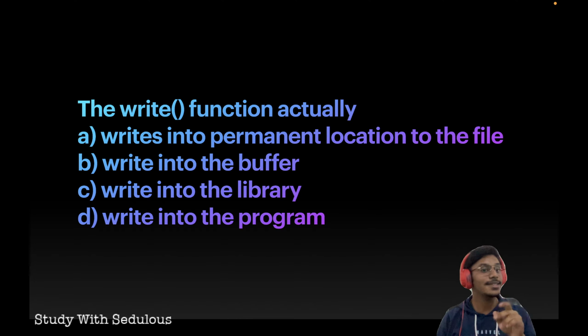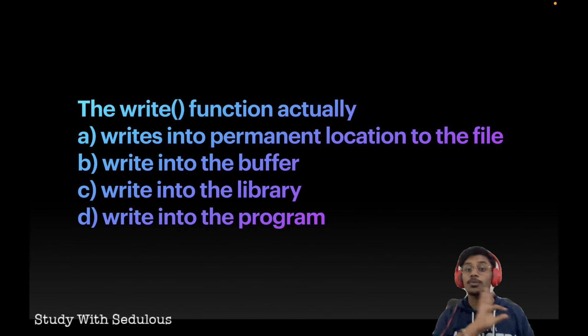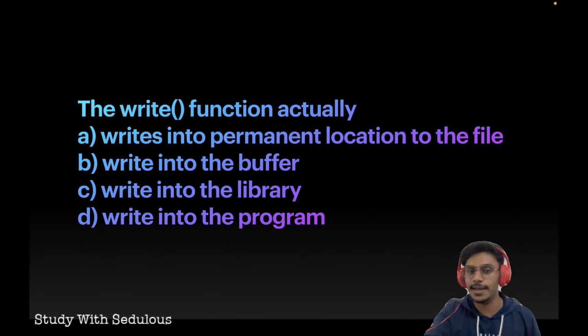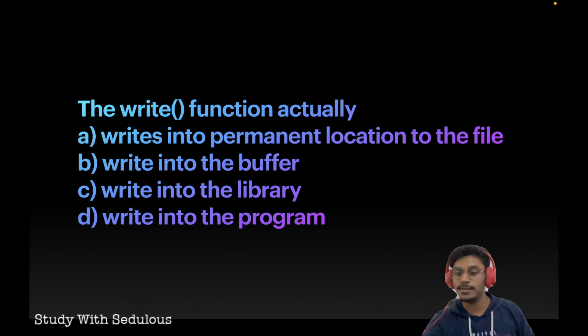So write is the one that we have in text file, and that writes into the buffer. What is a buffer? Buffer is like a temporary storage, temporary storage locations which can be changed at any specific time. So our answer should be B, into the buffer. Buffer is the temporary location.